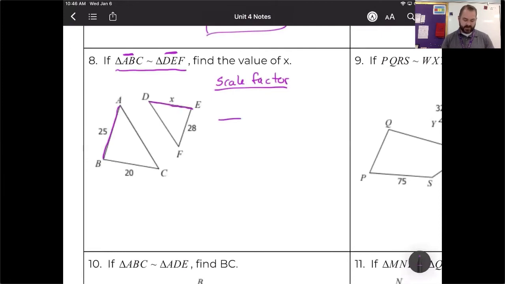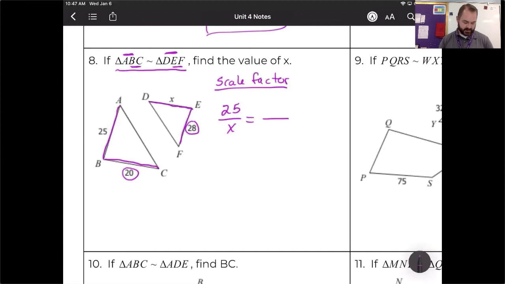Well, that's one side of a proportion. I could do 25 over x, but I need to set that equal to the scale factor. The scale factor is going to come from the other 2 sides. The other side given in the big triangle is BC, 20, and BC goes with EF, 28. Now I know 20 is the bigger one.